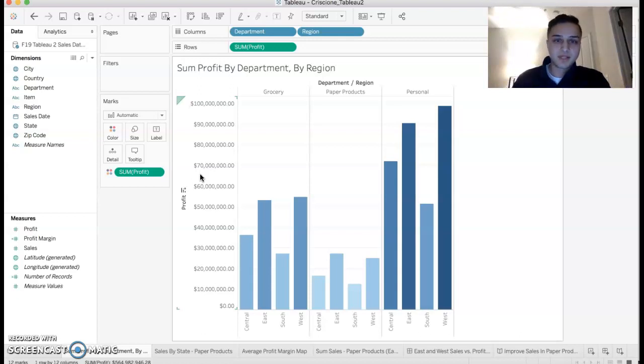As you could also see, personal items had the most profit, according to region, whereas paper products generate the least amount of profits. I found it interesting that each department had the highest profits in the East and West region, so I wanted to look more into that going forward.